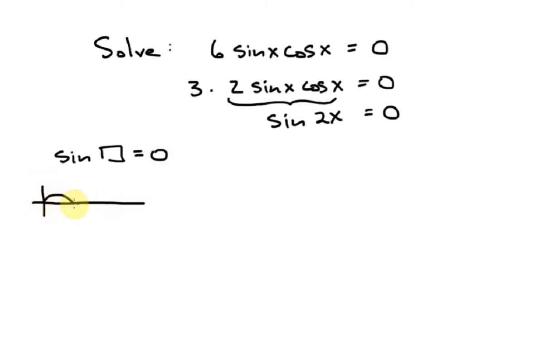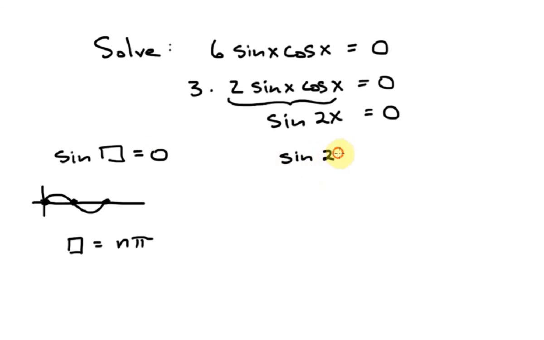There's our sine graph. So I go, oh yeah, right there, right there, and right there. It's at 0, at pi, at 2 pi, 3 pi, 4 pi. So in other words, I would want this to equal a multiple of pi. Now, I've got to fix that up, right? Because actually what I'm trying to solve is not sine of unknown equals 0.